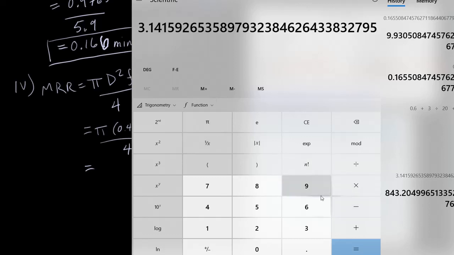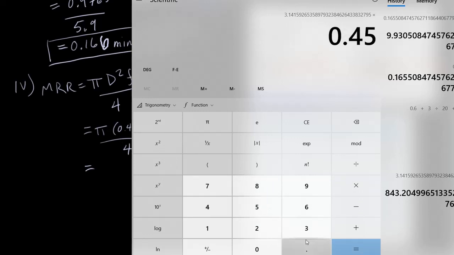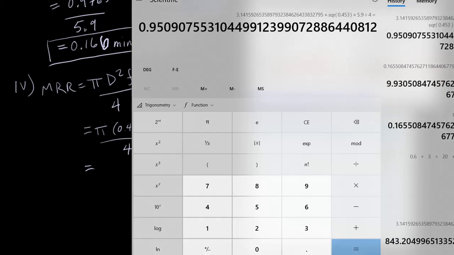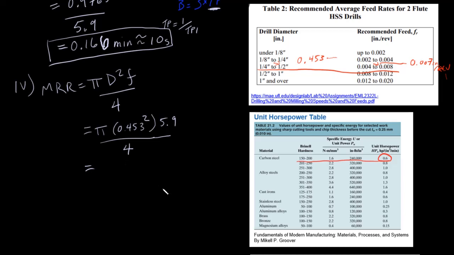So pi times 0.453 squared times 5.9 divided by 4 is equal to 0.95 inches cubed per minute. And if you want to get technical, I guess 0.951 inches cubed per minute.